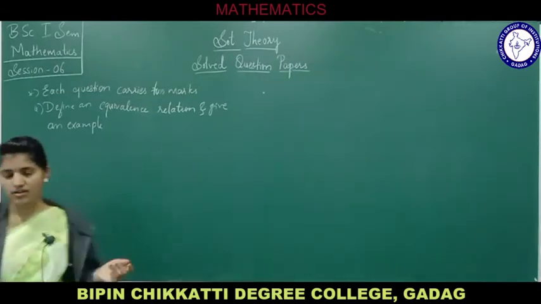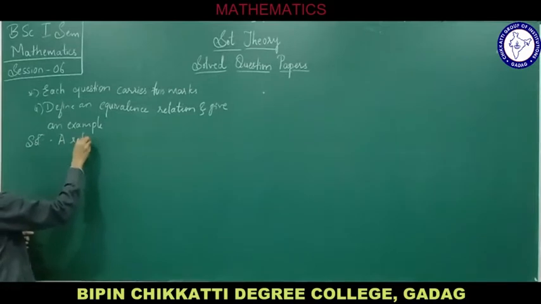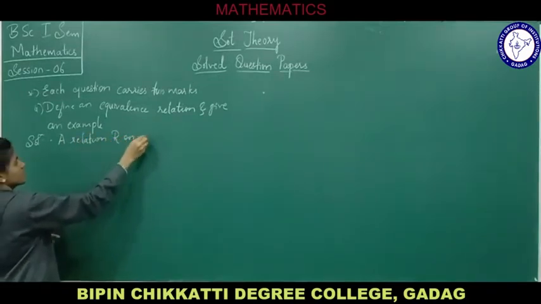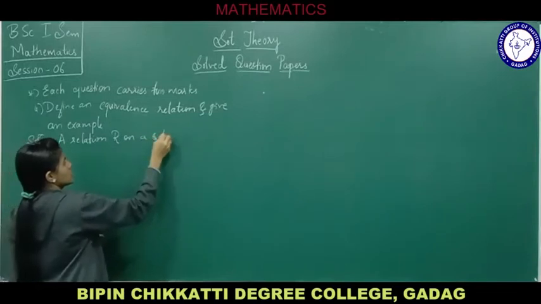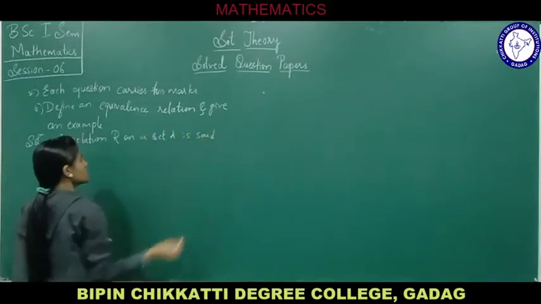A relation R on a set A is said to be what?